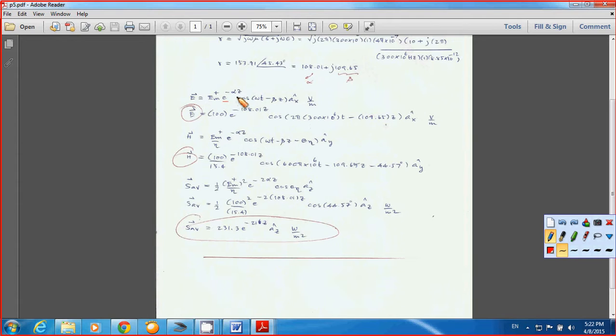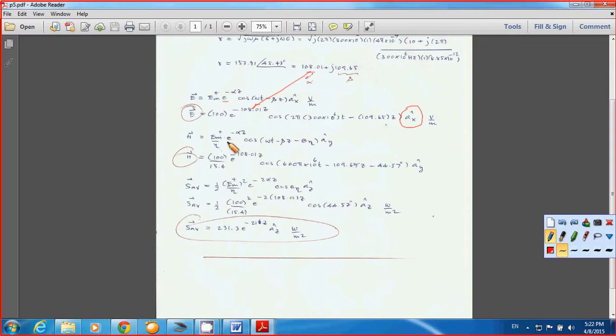But you have no problem because your alpha you already calculated, and it becomes 108.01. So you just plug in the number right here, and you still have a_x because the electric field has the component in the x direction, 4 V per meter.